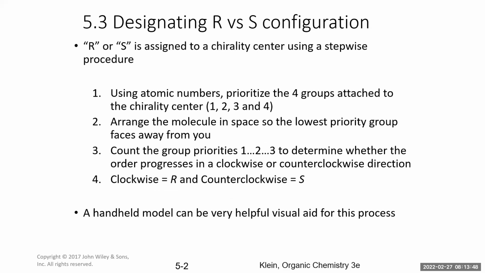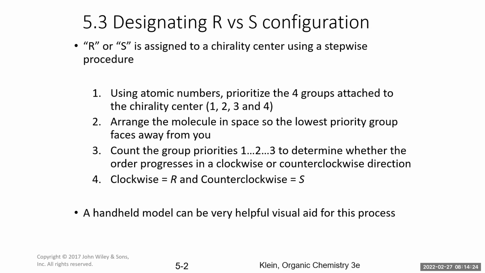So to figure out if a chiral center is R or S, we use a stepwise procedure. First, we identify the chirality center, specifically the carbon with the 4 different groups attached. And then we prioritize those 4 groups attached to that usually carbon chiral center. We prioritize them 1, 2, 3, and 4. And the prioritization is based on the atomic number of the atom attached to the carbon.